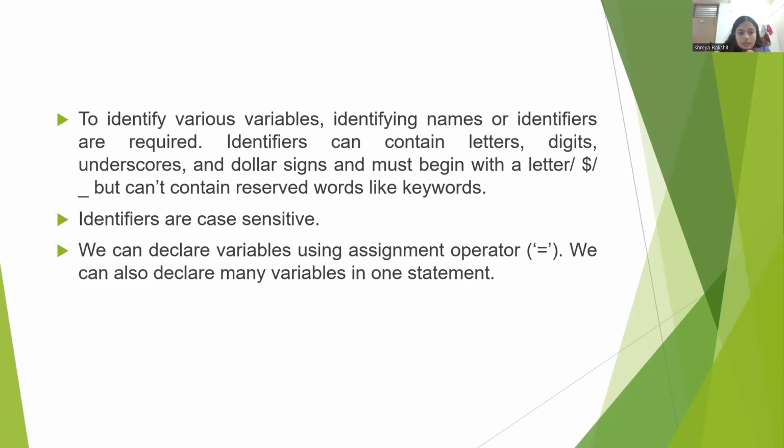Also, an identifier cannot contain reserved words of JavaScript like if, else, keywords, etc. Identifiers are case sensitive. That means small a and capital A are not the same. They are completely different. We declare variables using the assignment operator, and we can also declare many variables in one statement.